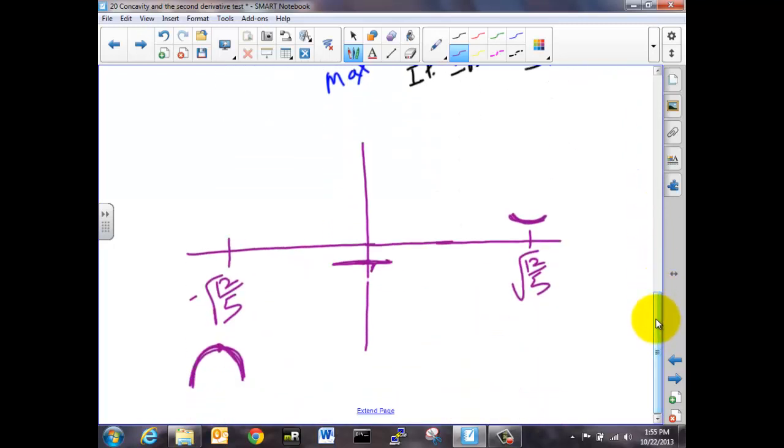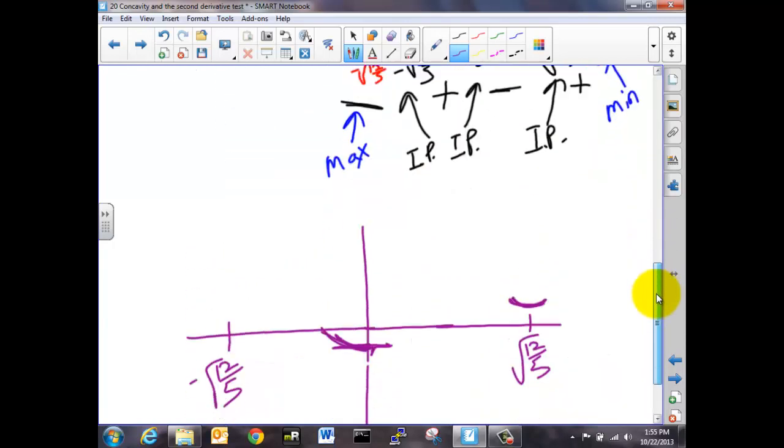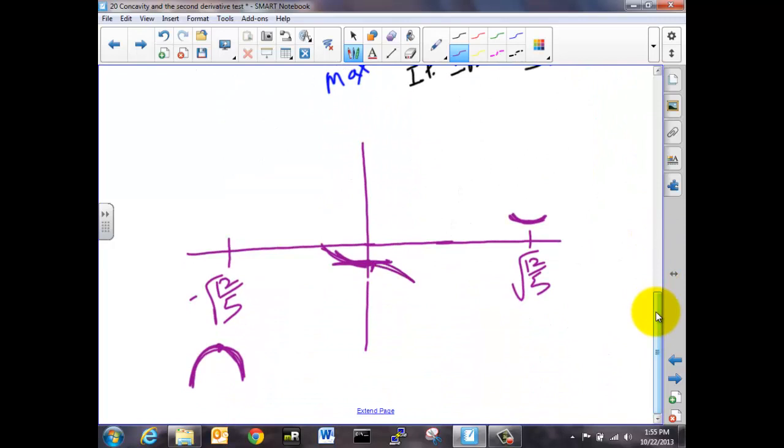So it's got to be concave up like this, and it's got to be concave down like this. That's what it's got to look like around here. It is decreasing, but it's concave up. But it makes sense because on the original sign there, there's negative right there.